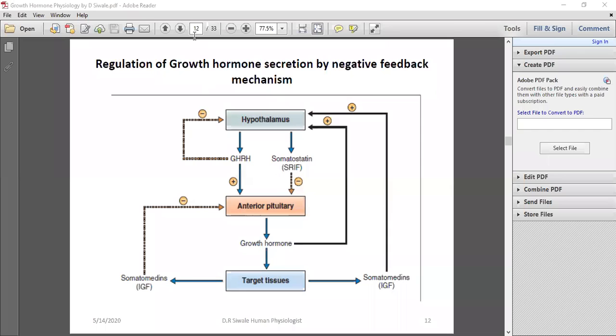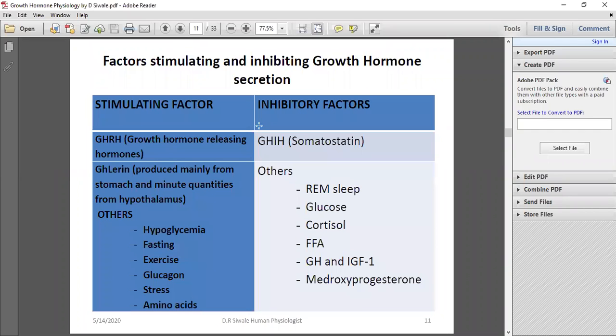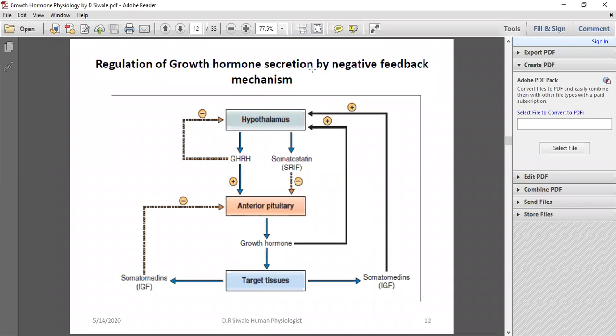So that's about factors that stimulate secretion of growth hormone. Now, this can be summarized in this diagram. When you are asked to describe how growth hormone is regulated, you just have to indicate where the hypothalamus is. You indicate the anterior pituitary gland, the one that is secreting growth hormone, and then the target tissue. So you start. Physiologically, the most important stimulant of growth hormone is the growth hormone releasing hormone.